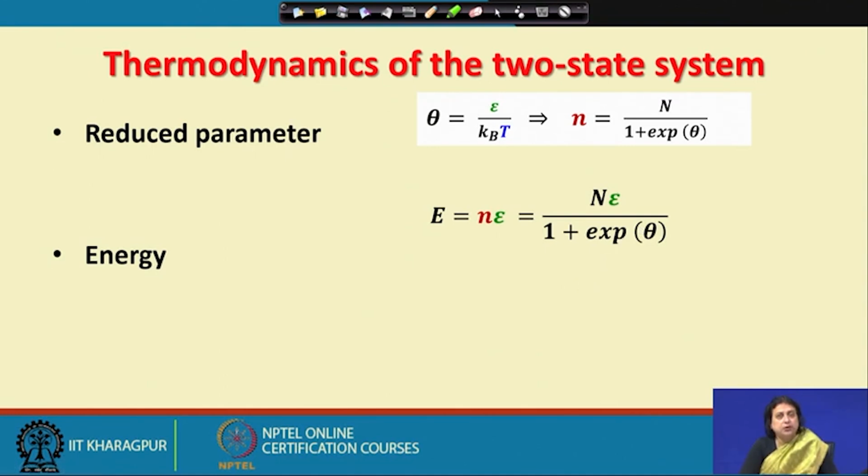So far so good, but this is not exactly a measurable quantity. What is it that we measure in experiments when we are trying to understand the thermodynamic properties of the system?